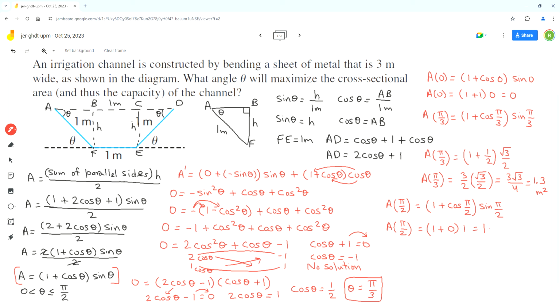The unit is meter square. So that means the angle that maximizes the area is theta equals pi over 3. So this should be the final answer for this problem.